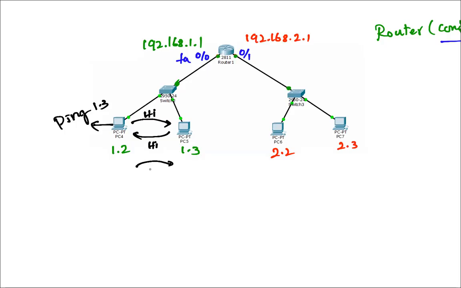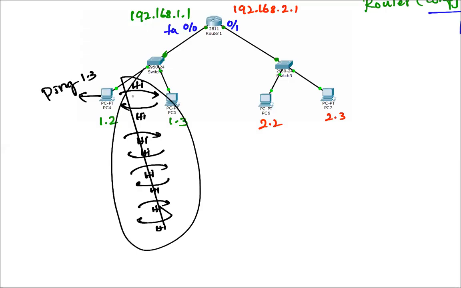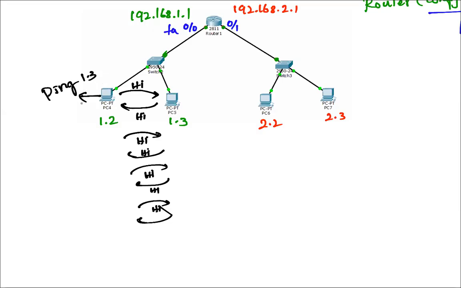Again, one more hi this PC will send, and this guy will send hi back, and again, and again. So by default, you send 4 ping requests for every 1 ping command. That is the default behavior of the devices.